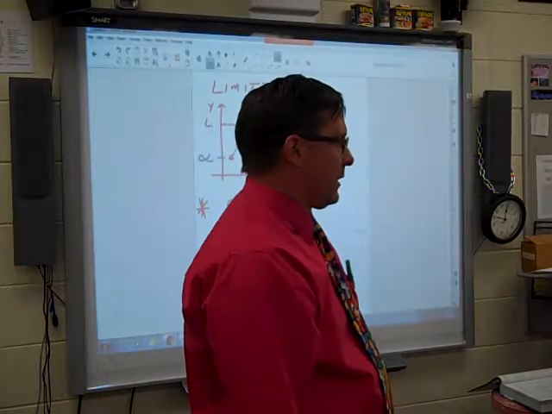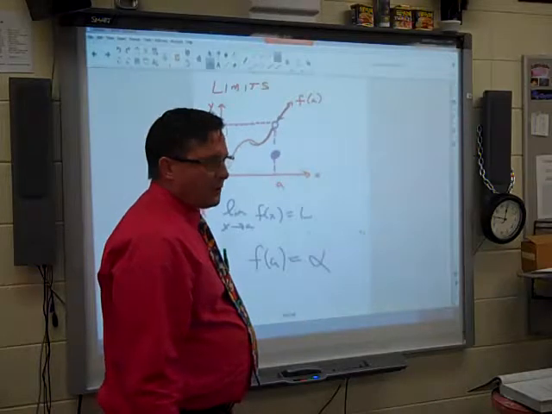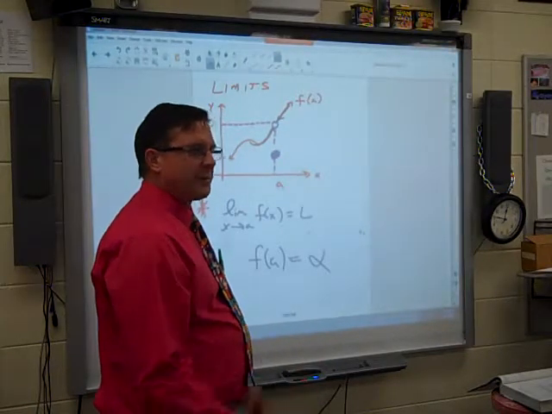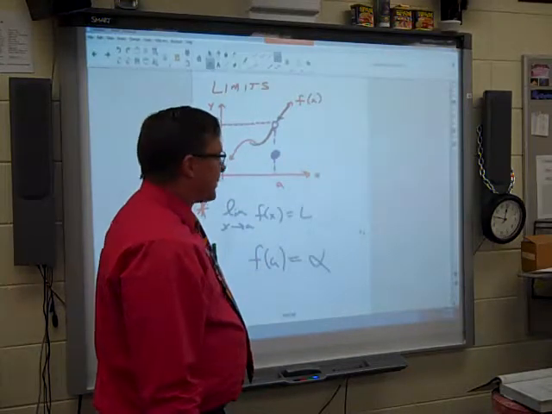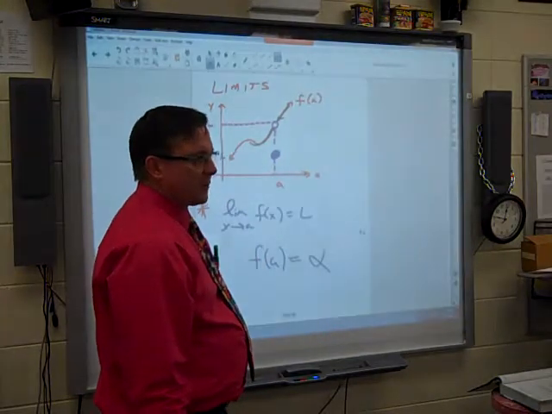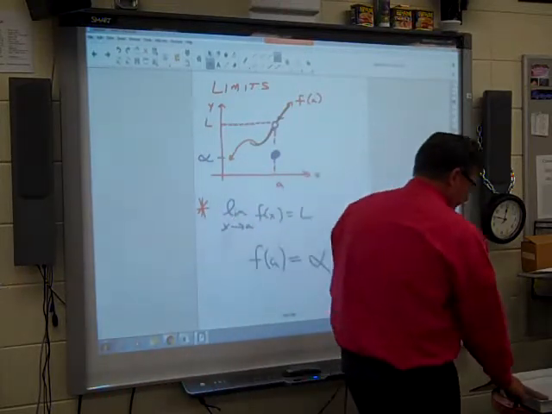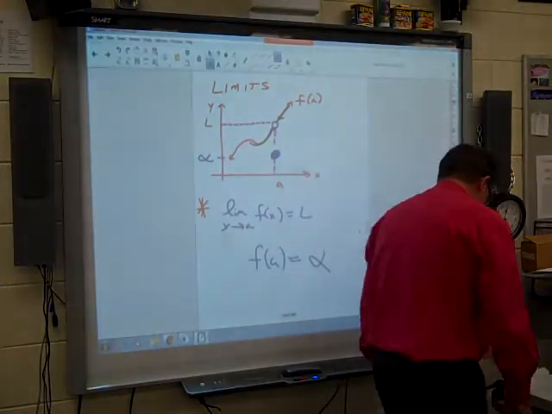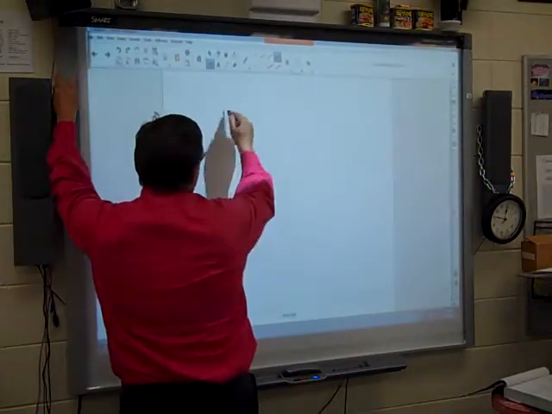Okay? And the other one is actually removable too because we just popped a hole in the curve, all right? We're going to talk about types of discontinuity here in the next week. All right? But as we talk about limits, this is what happens. And the key to these limits is that they come together to a similar value. All right? What can't happen is this, and this does happen.